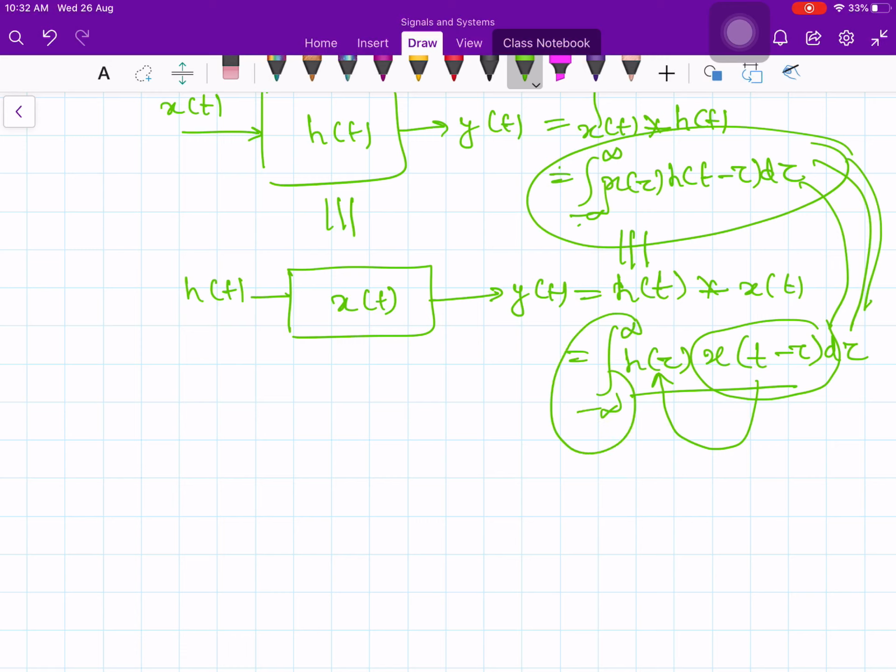In specific cases, one of these two forms for computing convolutions may be easier to visualize, but both forms always result in the same answer. Either you can use this one or that one, any one. So that's it about the commutative property.